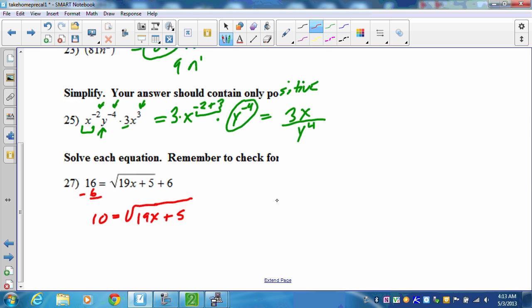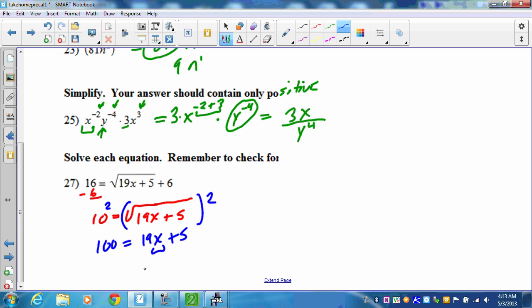So of course we're just going to take and square both sides. So squaring both sides, you get 100 equals 19x plus 5, and you just solve for x.